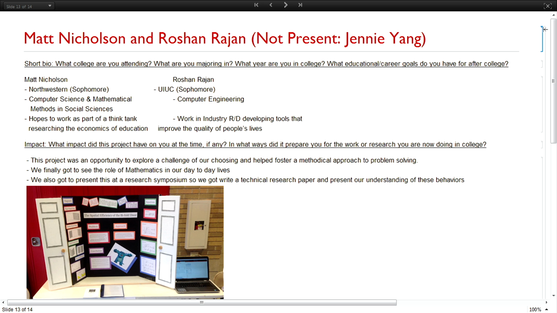That's definitely led to where I am today. Also, we got to pick a problem and work out a solution, which is something you do all the time in research.